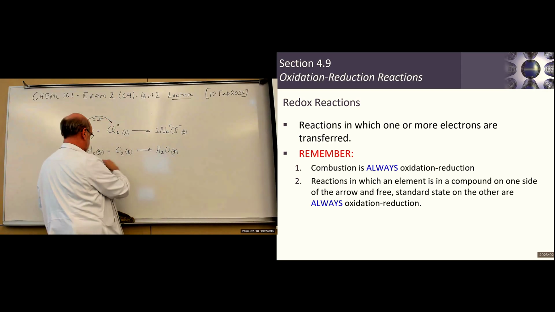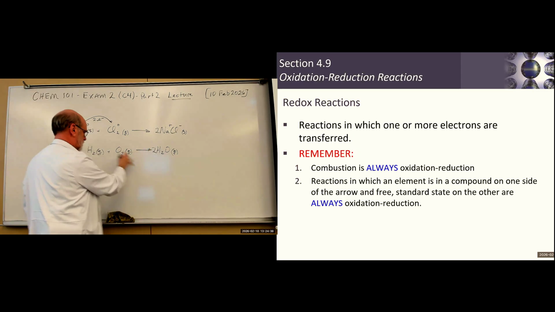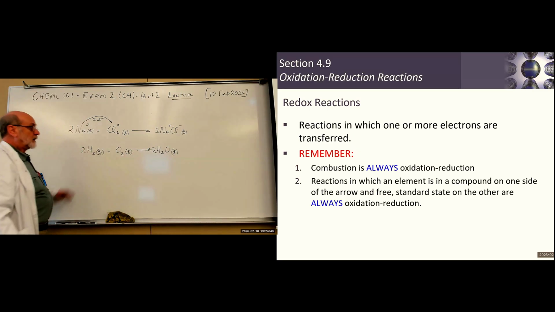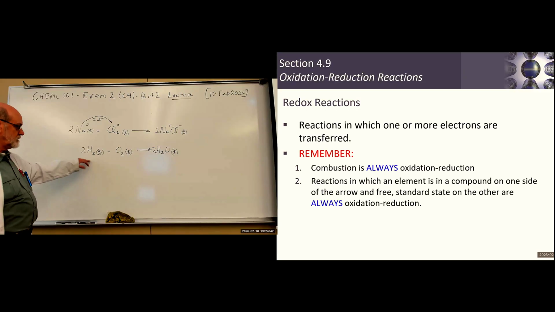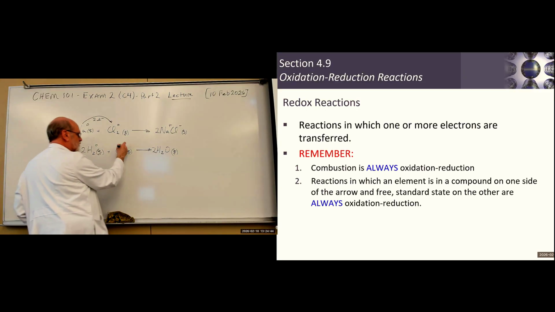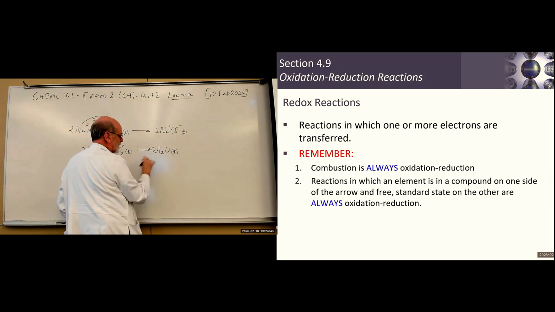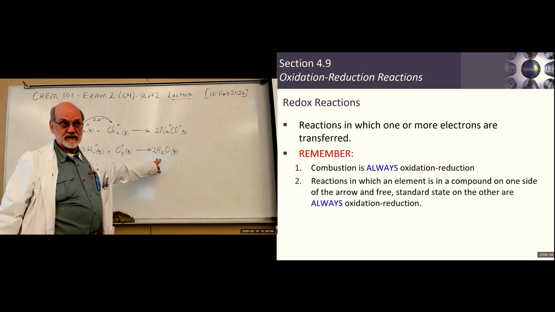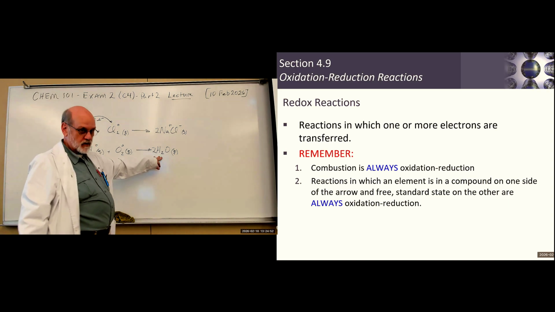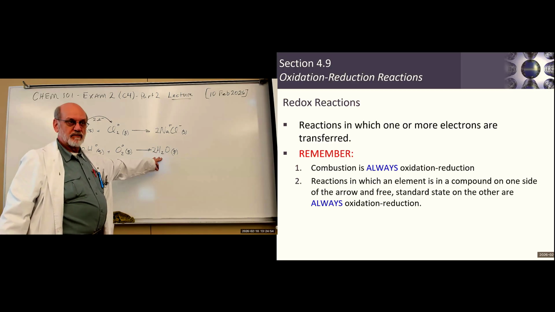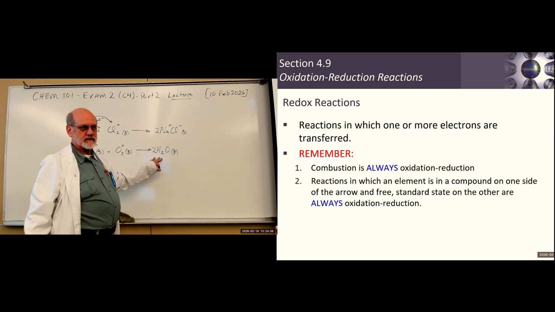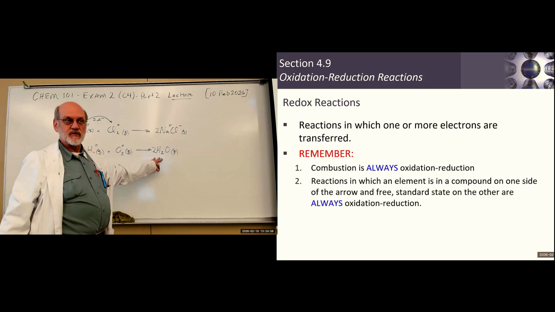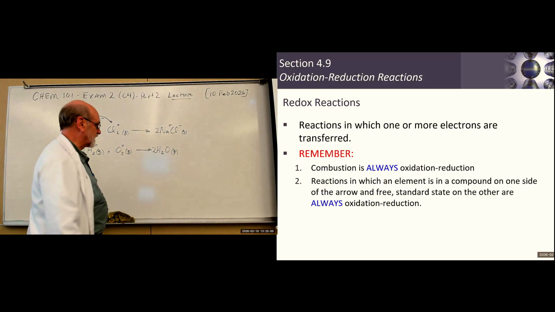Okay, let's see. 2 here and 2 there. So these are neutral. These are compound. Now, this is not an ionic compound, right? This is a covalent compound. But we use a technique called oxidation states to track the movement of electrons.